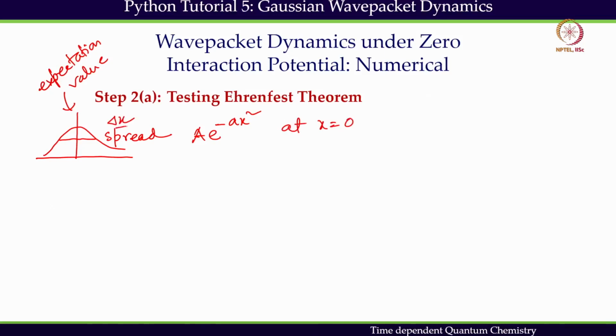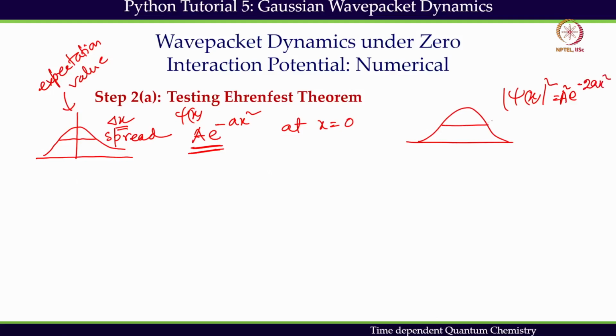Although delta x is not defined with respect to the wave function, remember, it is defined with respect to the probability density distribution. So if this is the wave function, then the probability density distribution looks like e to the power of minus 2a x squared. In this distribution function we define delta x. This is something we have emphasized previously also, and there are many ways you can define delta x.